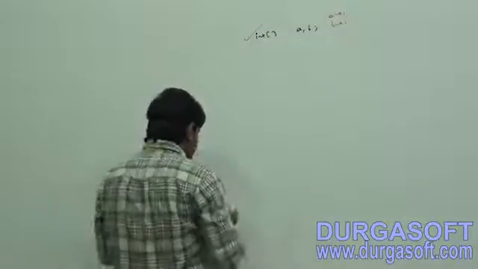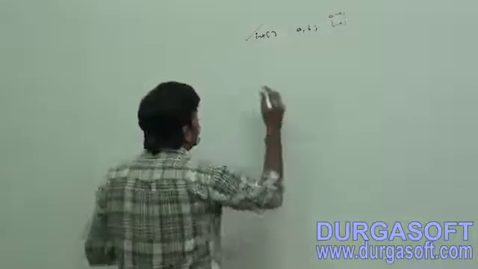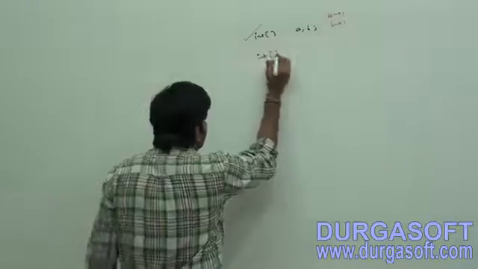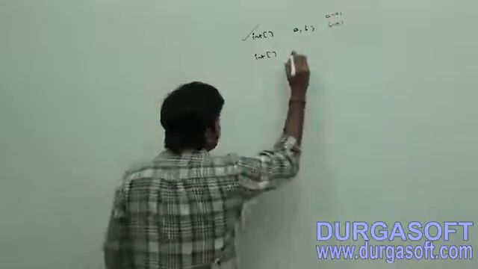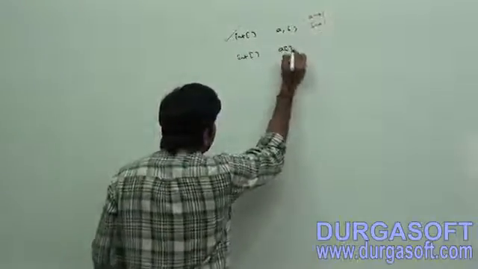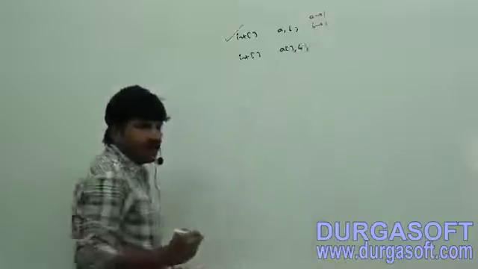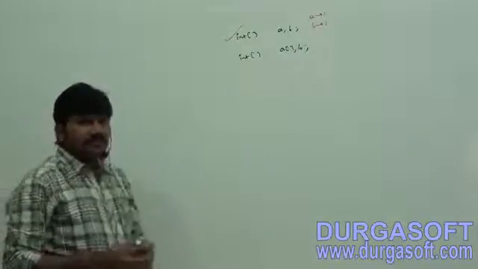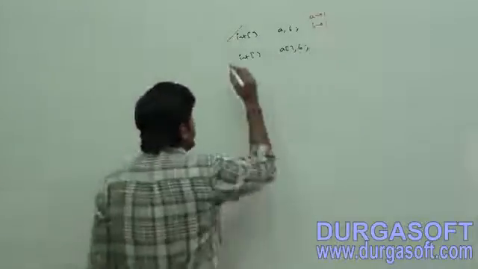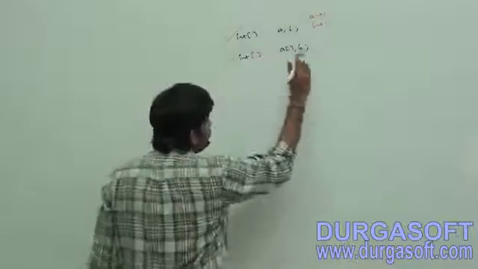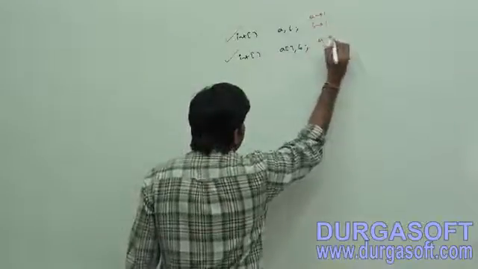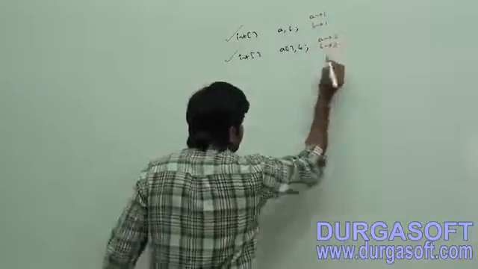Now, sir, I am taking int array A comma B. Can you tell, is it also valid? What is A's dimension? A is 2. What is B's dimension? 1.